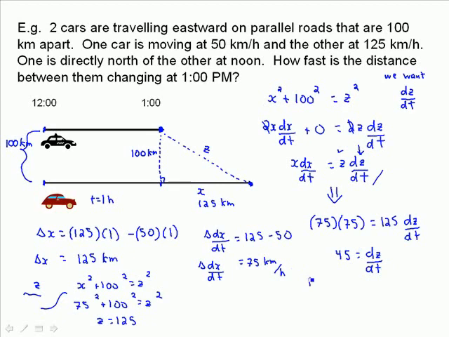So the distance is changing at 45 kilometers per hour at 1 p.m.